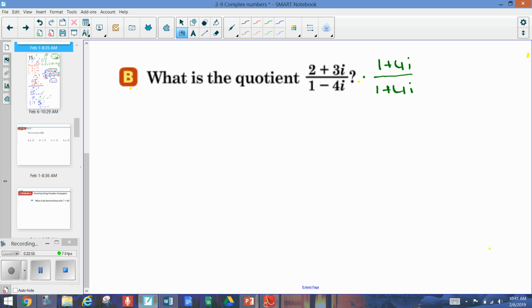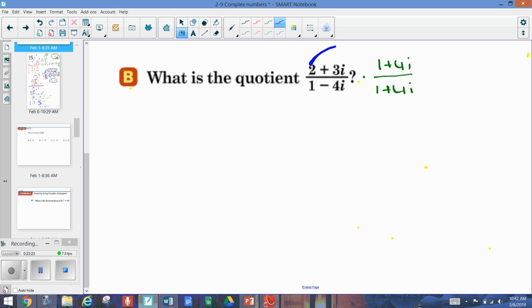Here's the common pitfall: many of the students write negative 1 plus 4i, because they multiply everything by a negative, but we're not going to do that, okay? Just change the sign in the middle. Why? Because you'll see that when I distribute it, when I FOIL it, there's not going to be any I around it. Let's start. I need your help.